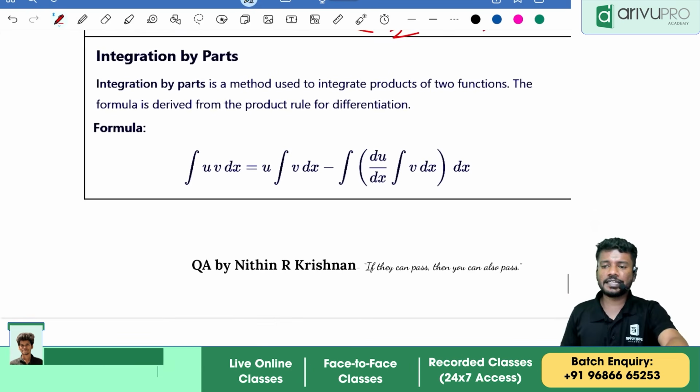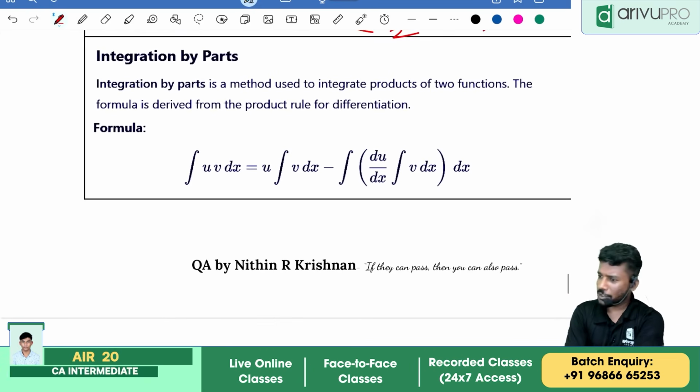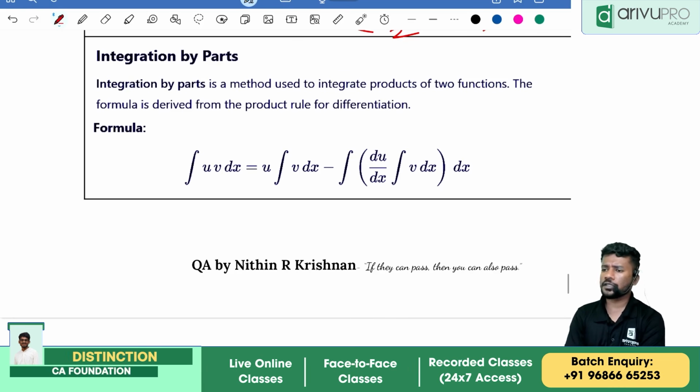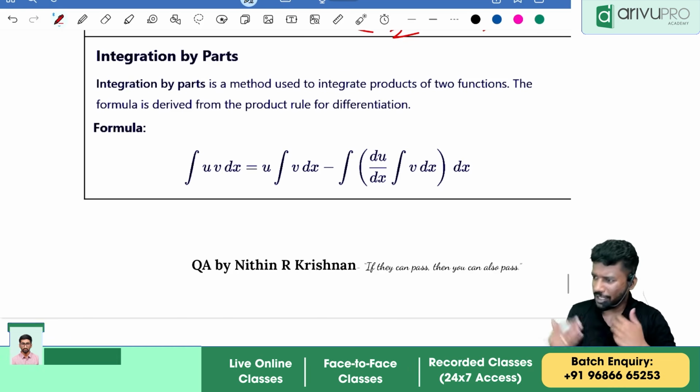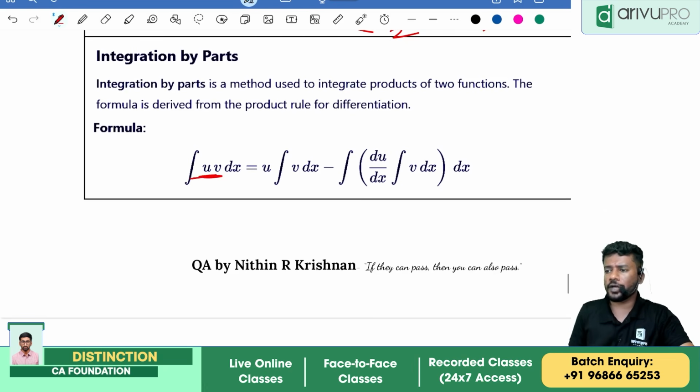Now, integration by parts. How many of you have learned this one? Okay, integration by parts. Do you remember our product rule in differentiation? It is another way of writing the product rule in integration. This is the product rule of integration, used when two functions are in product.